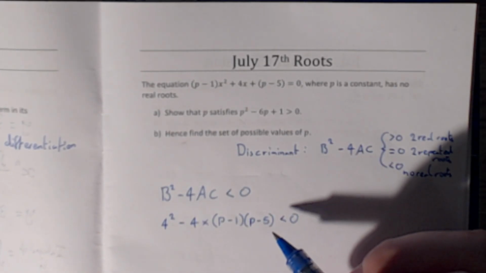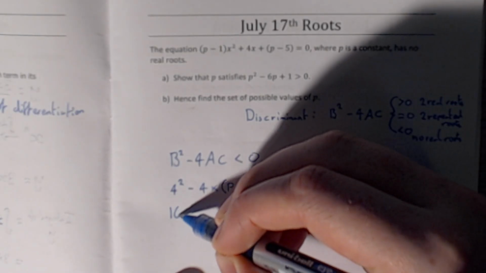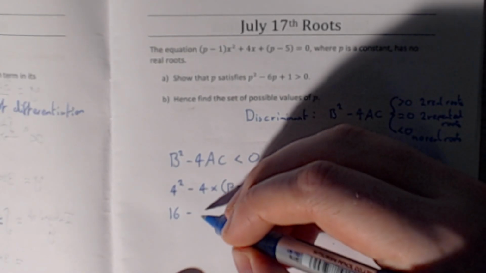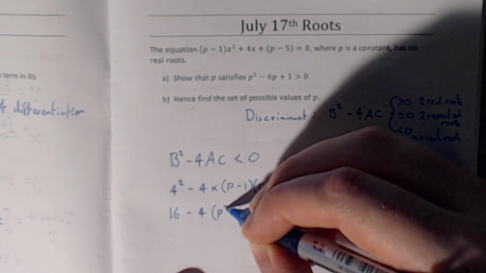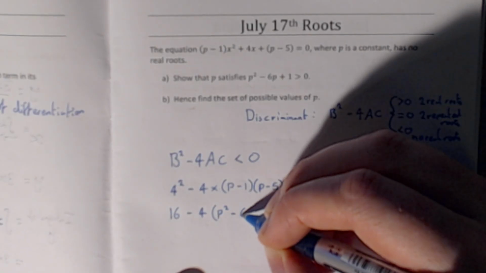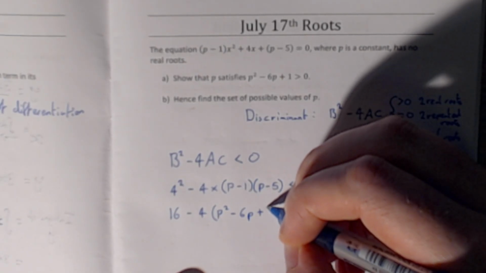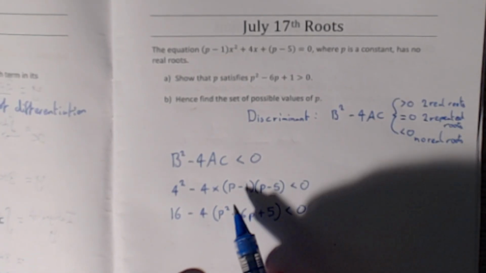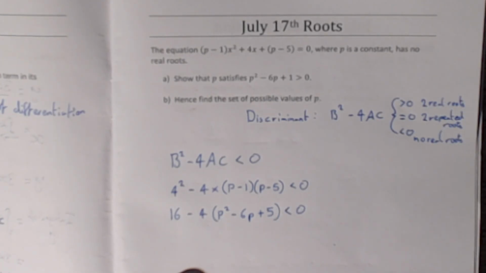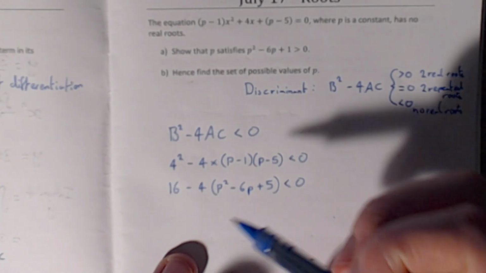We'll expand this out and simplify. So 16, take 4 times p squared, take 6p plus 5, is less than 0.